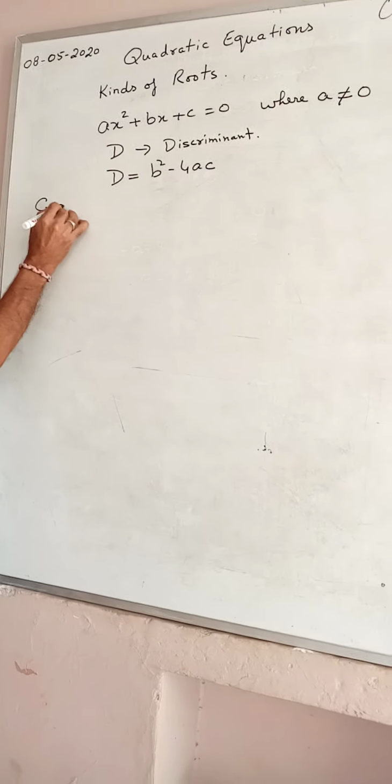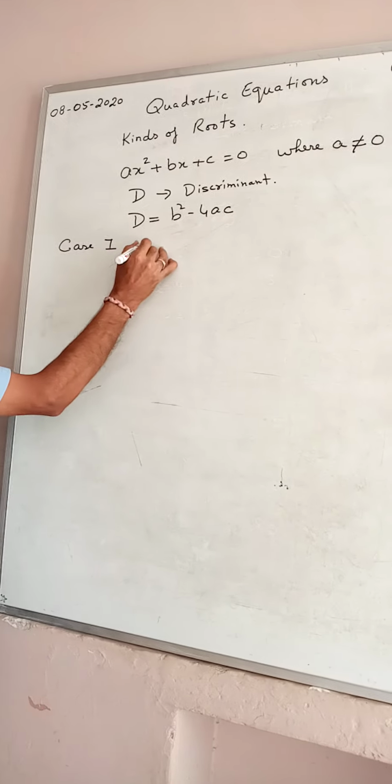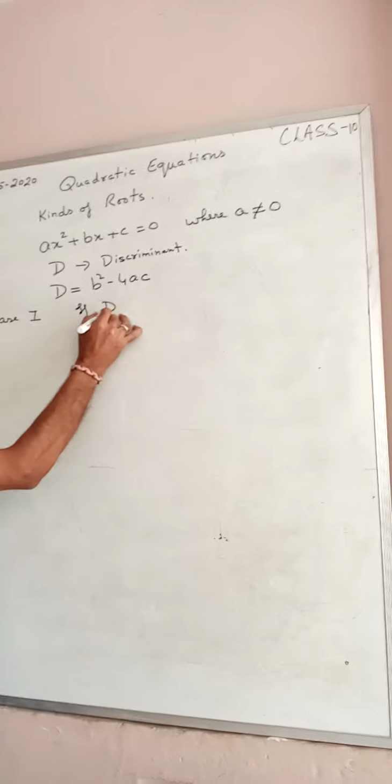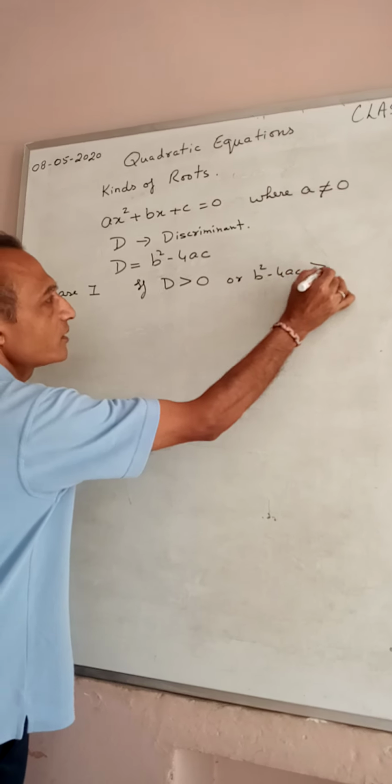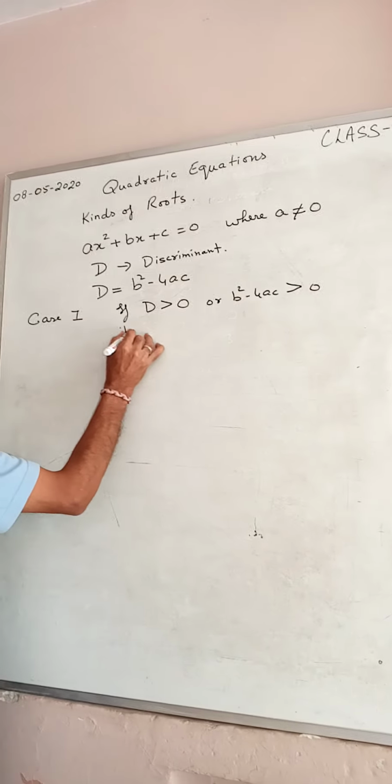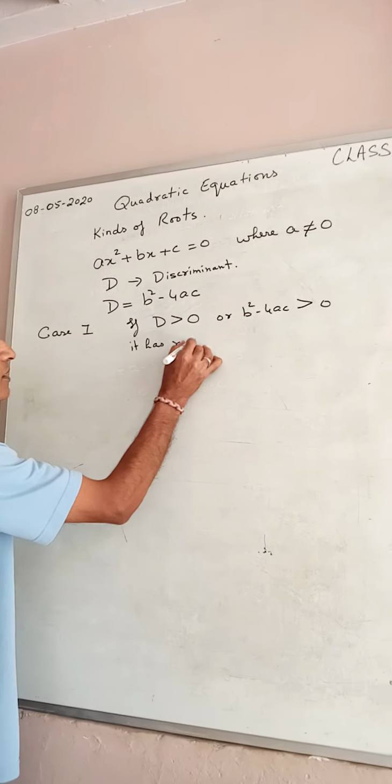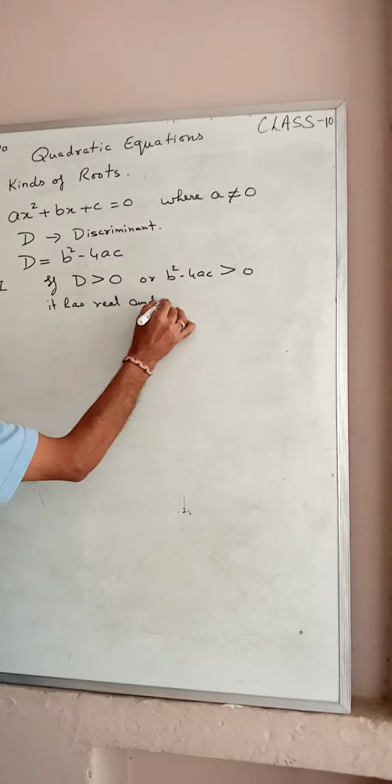We get three cases. Case 1, if D is greater than 0 or b square minus 4ac is greater than 0, it has real and distinct roots.